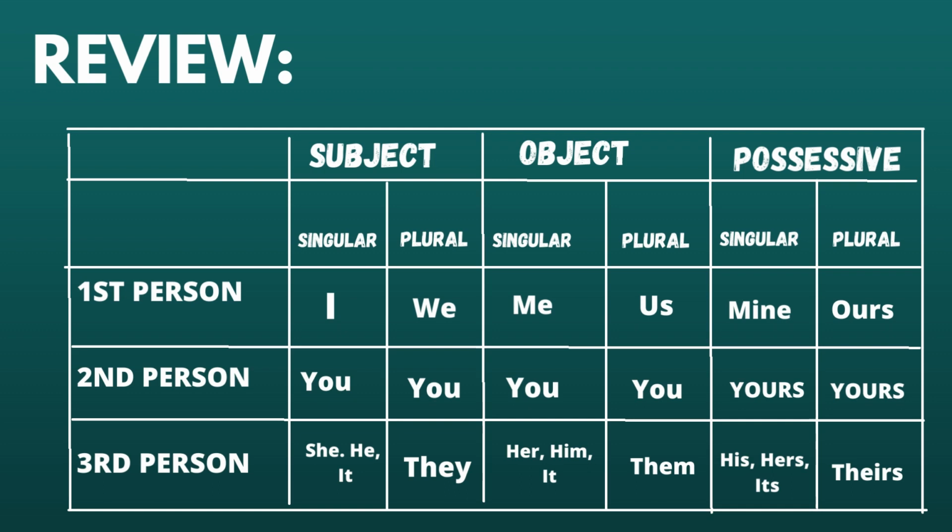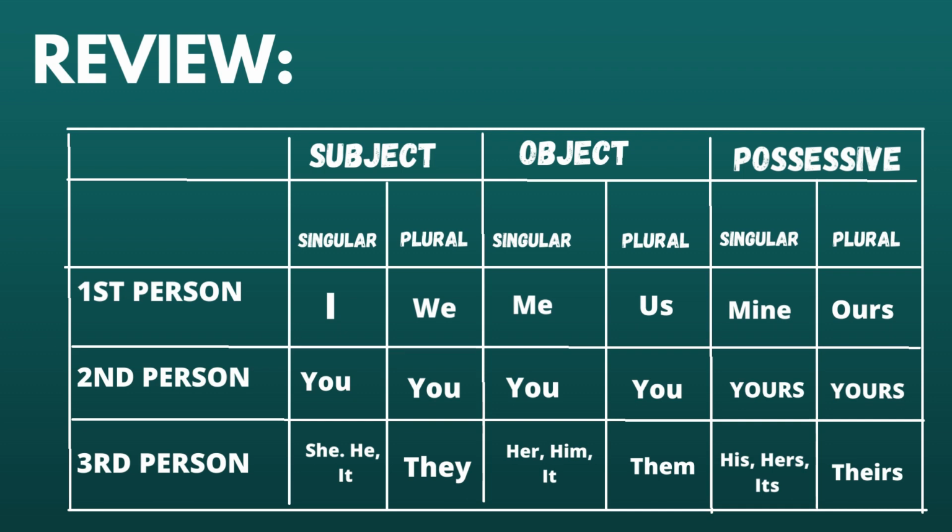First person singular under subjective case is I, and first person plural is we. Second person singular is you, and second person plural is also you. Third person singular are she, he, and it, and they are determined by genders. Now, third person plural is they.